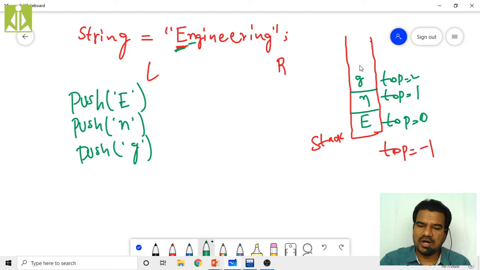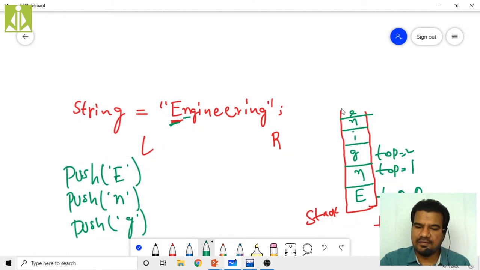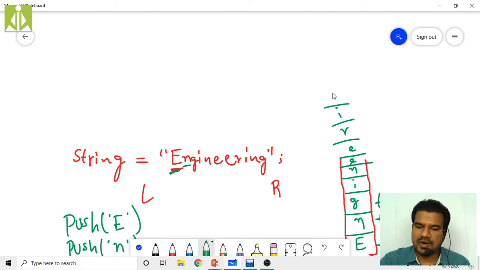Likewise all the characters will be pushed onto the stack: I, then we have N, then we have E. After E we have one more E, and then we have R, then we have I, then we have N. So all these characters will be pushed onto the stack. Here top is 2, here it will become 3.